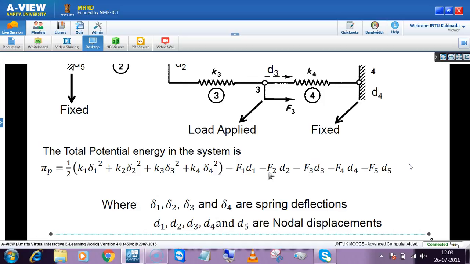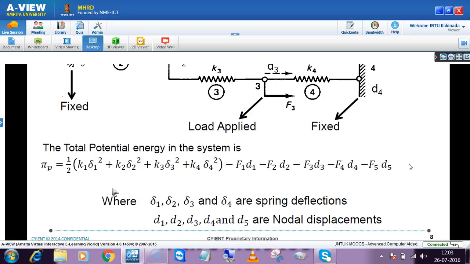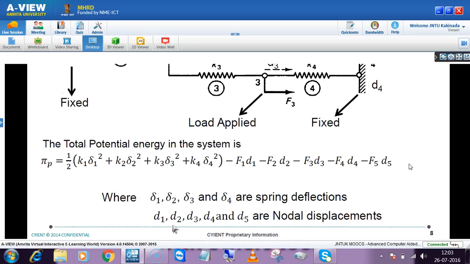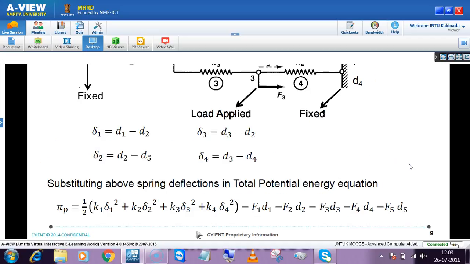Nodal displacements are displacements at a particular node, whereas spring deflections are the net elongation in the spring. A spring has two endpoints, so the two endpoints have two deflections, and the total deflection will be the difference between the two end deflections. So delta 1 represents spring deflection, D1 represents nodal displacement. We should not confuse between those.